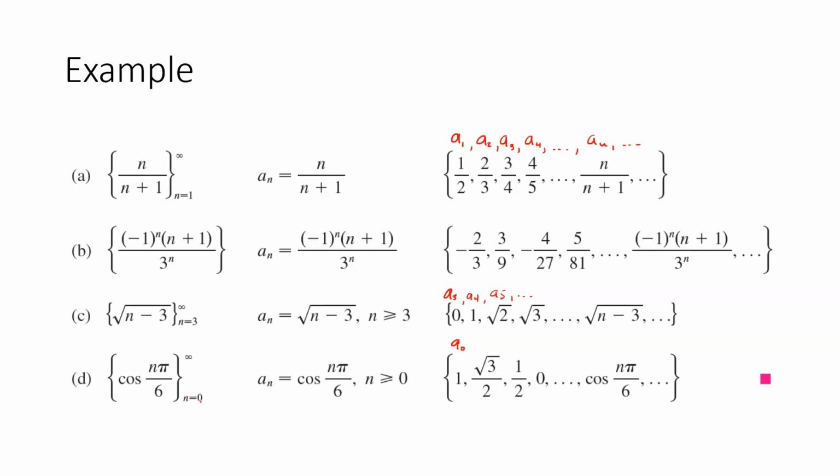When n equals 1, that would give us the next term, cosine of pi over 6. And then a2 would be the next term, cosine of 2 pi over 6, or cosine of pi over 3, which is 1/2. And so on. You can continue putting in different values for n, and those would generate each subsequent term of the sequence.